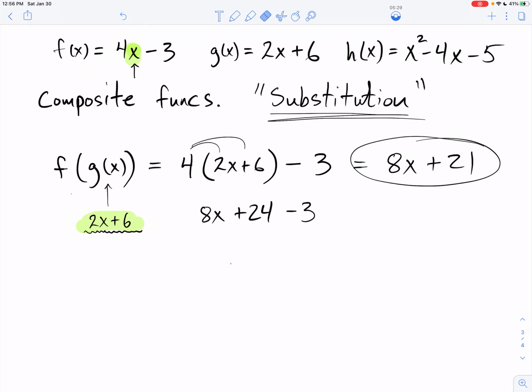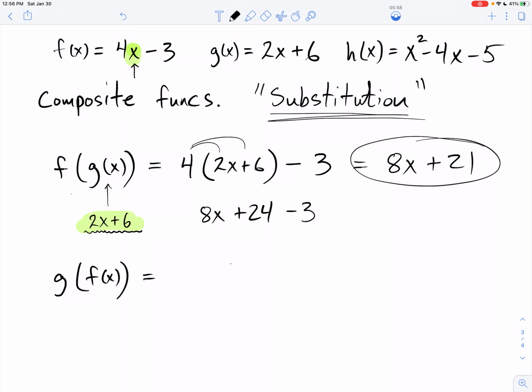Now, I'm erasing all that junk because I can do this forwards and backwards. I can. But it does not necessarily mean I get the same answer. This guy would be pronounced g of f of x. So g of f of x is a composite, but this time I'm doing it the other way.